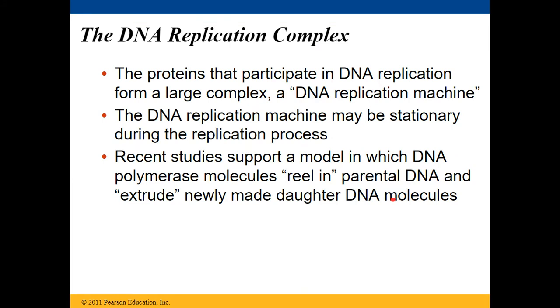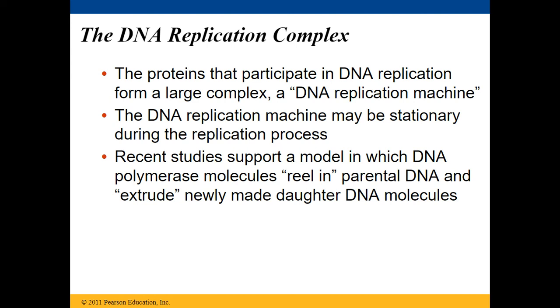The DNA complex has a fancy name. The replication complex is called the DNA replication machine. The DNA replication machine may be stationary during the replication process, and the DNA may actually be moving through it.